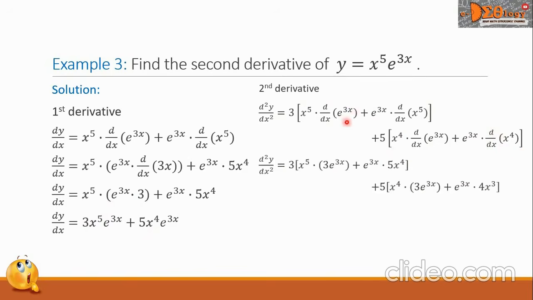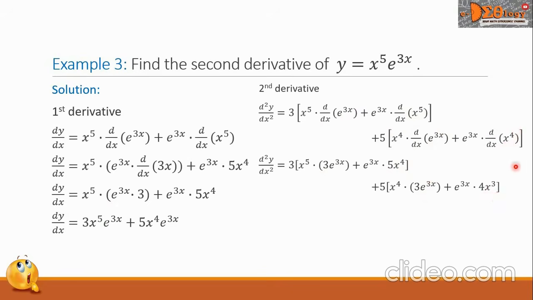In this case, we will have this 3e raised to 3x. Derivative of x raised to 5 will be 5x raised to 4. The derivative of e raised to 3x will be 3e raised to 3x. The derivative of x raised to 4 will be 4x cubed.